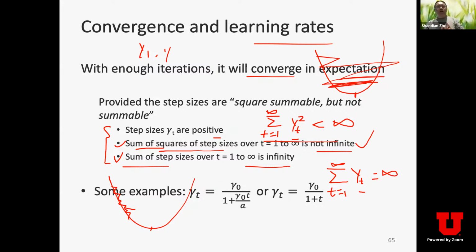So this condition says you must ensure every time you move far enough. And this condition says that although you move far enough, you cannot move too far. If it's too long, you just fluctuate, jump around back and forth, and never arrive at the right place. Does it make sense? That's the intuition.